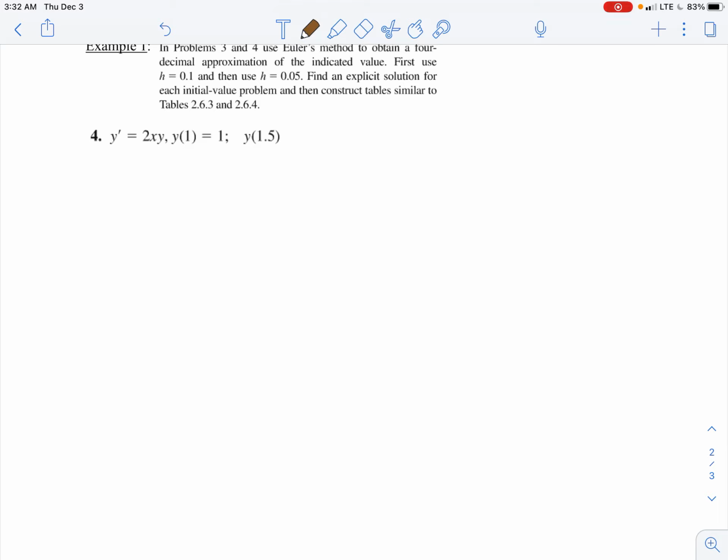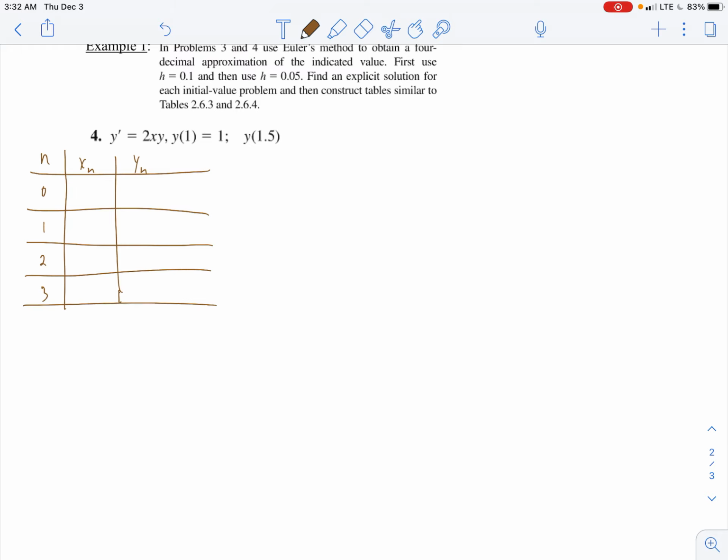Alright, so the first thing we're going to do is I'm going to show you how to do kind of like your first table. So we'll say n, that's going to be x sub n, it's going to be y sub n. Now, the first n is going to be 0, the second is going to be 1, 2, 3, and then, I need to make a bigger table, 5, alright? And then we're going to plug in our x sub n, so we're starting at 1, and we want to end up at 1.5.